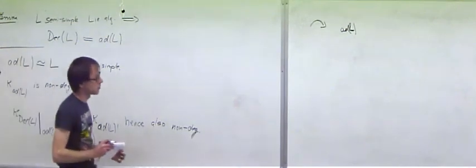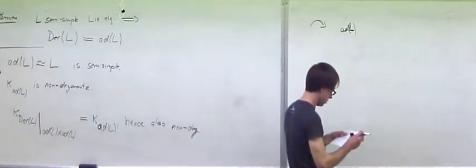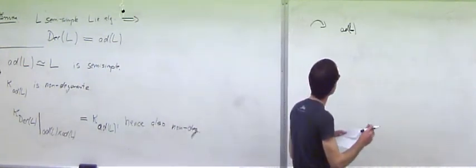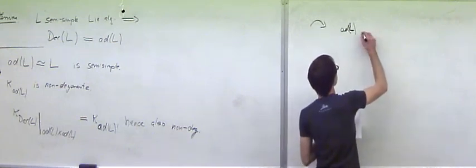So the restriction of the Killing form on the Lie algebra of derivations to ad L is non-degenerate. That means the following.